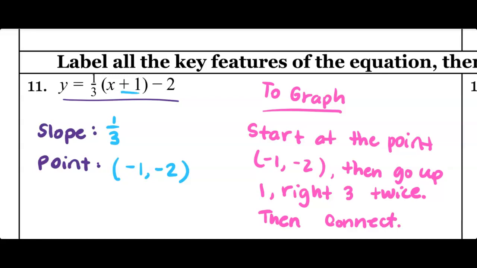So you go up 1 because that's your rise, right 3 because that's your run. If it was negative, then you would either go down 1 or left 3, but not both.